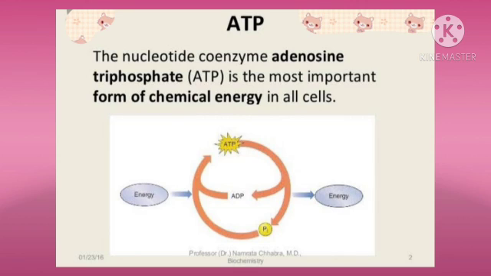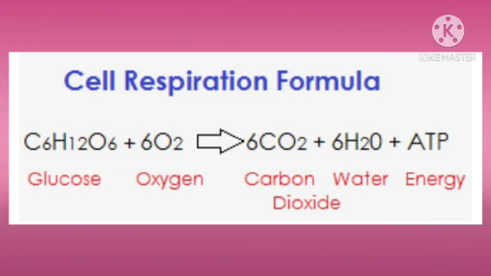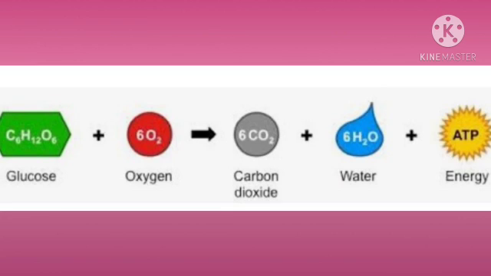And lastly, carbon dioxide and water are produced as end products or waste products. All these acts take place in living cells. This process is common to all plants and animals. We respire to get energy.